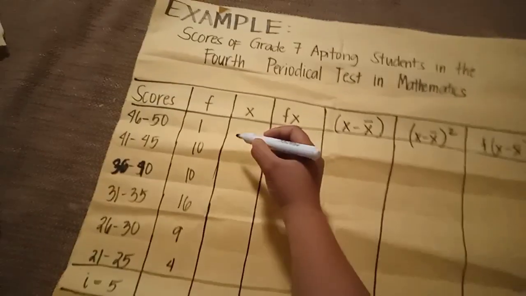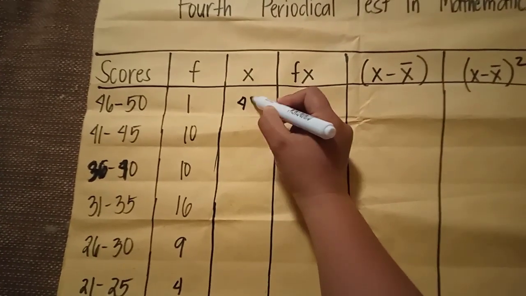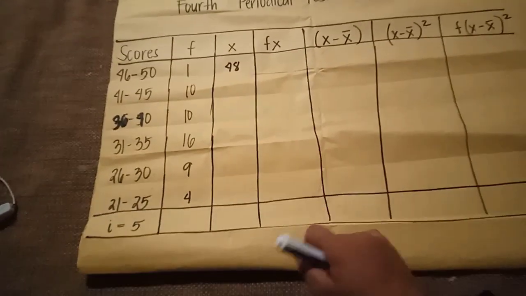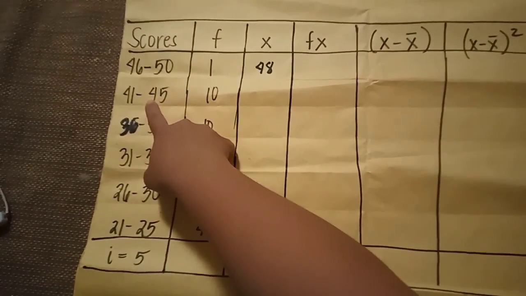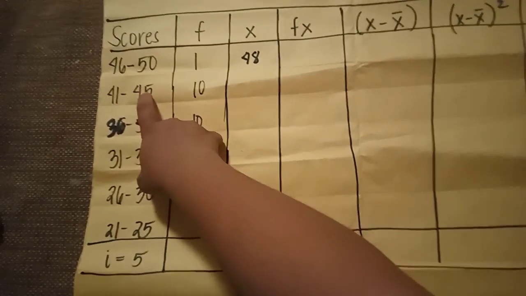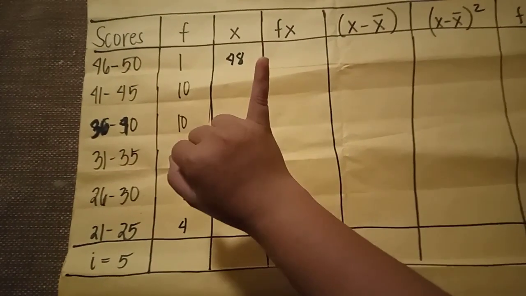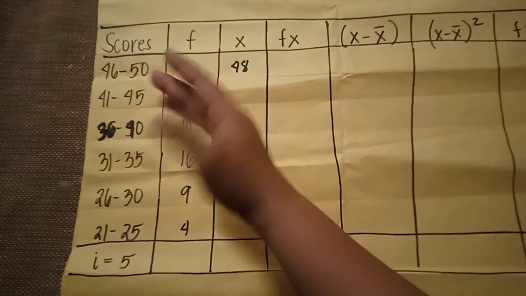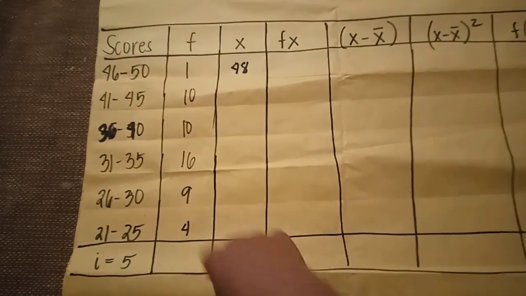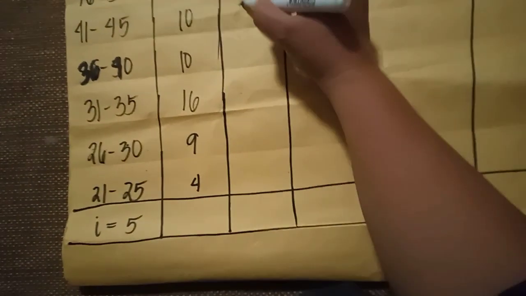Very good. 48. The same goes for the scores between 41 to 45: 41, 42, 43, 44, and then 45. The middle finger is 43.